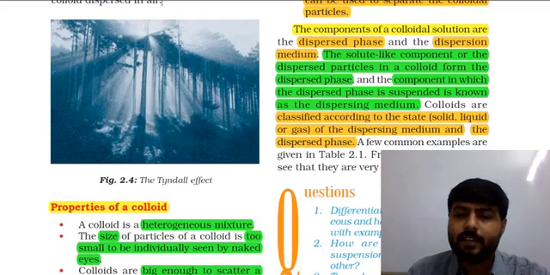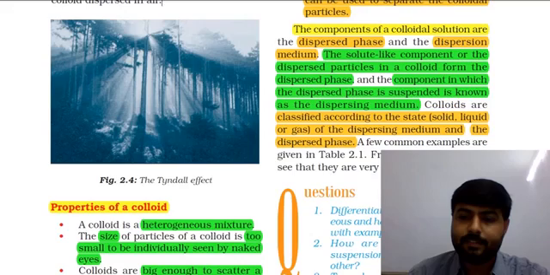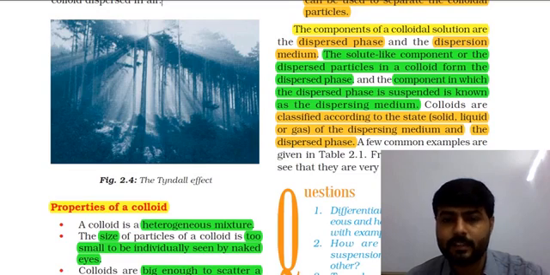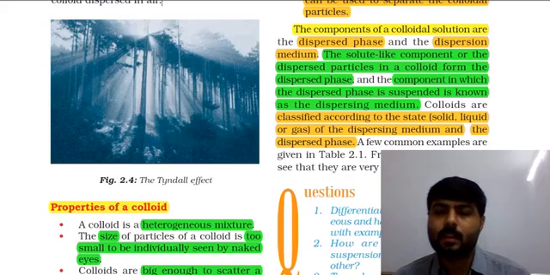Colloids are classified according to the state. What is state? Solid, liquid and gas are the three phases of the dispersing medium and dispersed phase.